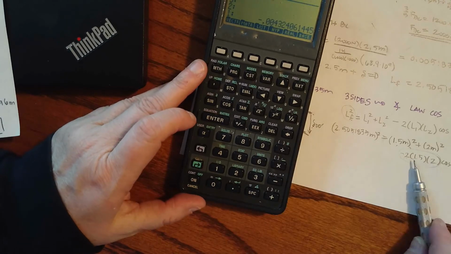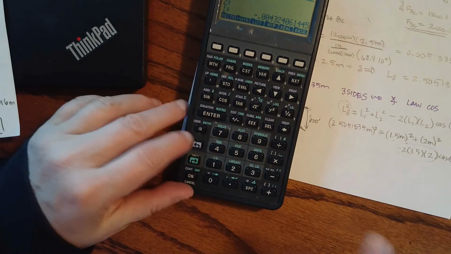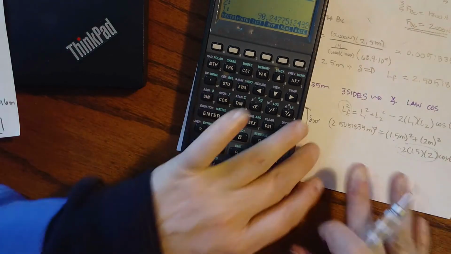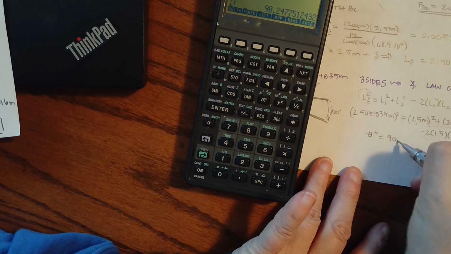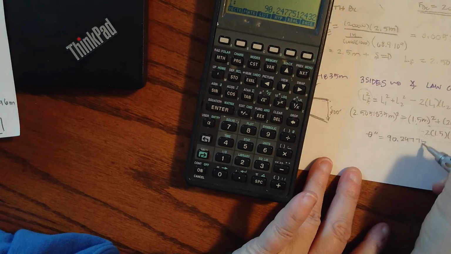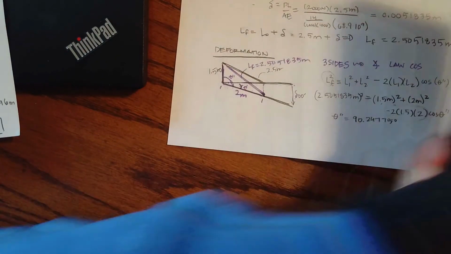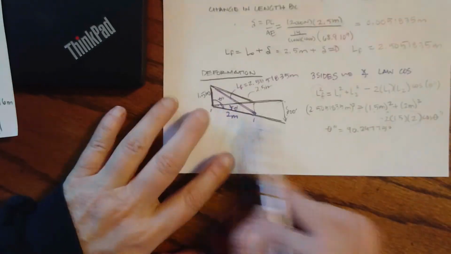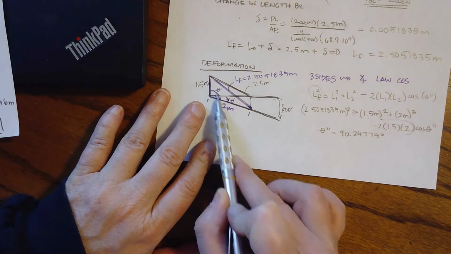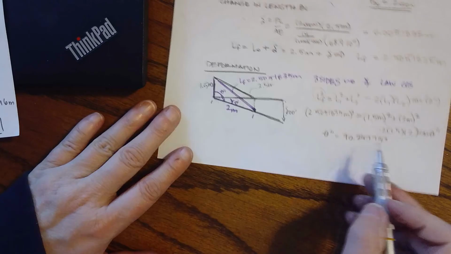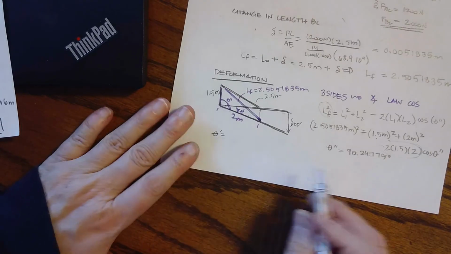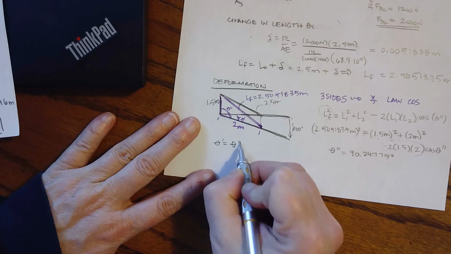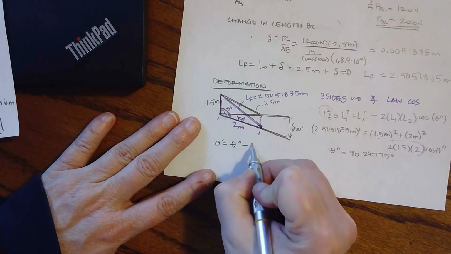Okay, and now I'm going to take the inverse cosine, and I get that theta prime prime is 90.24775 degrees. Okay, so if I know that this whole big angle is that, well, I can calculate then that theta prime is theta minus 90 degrees.